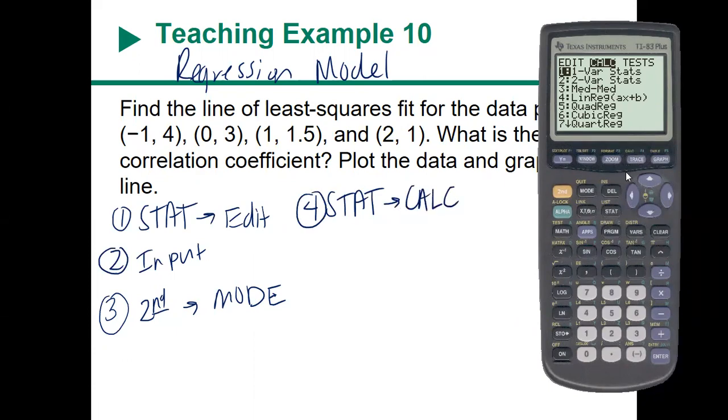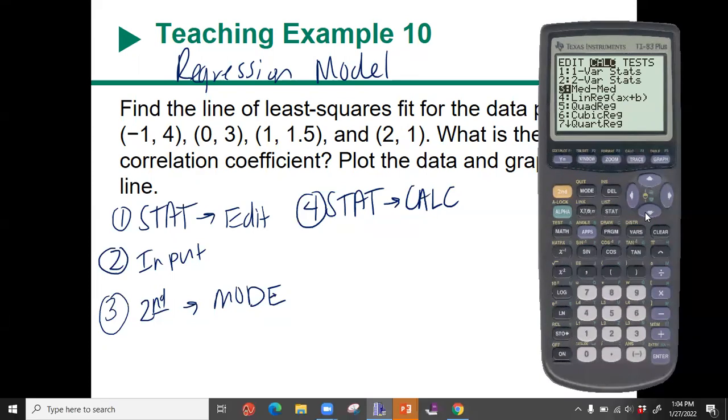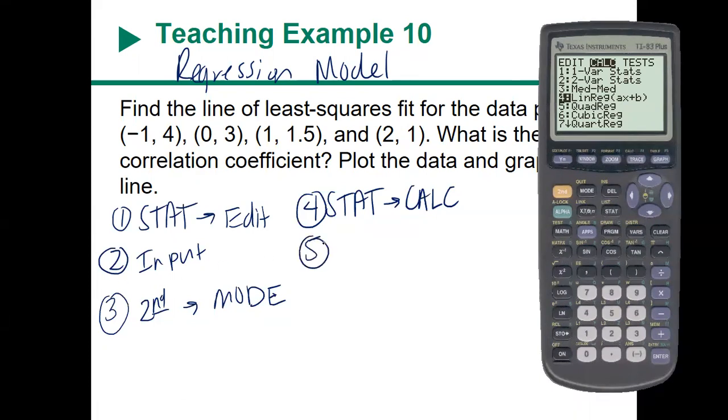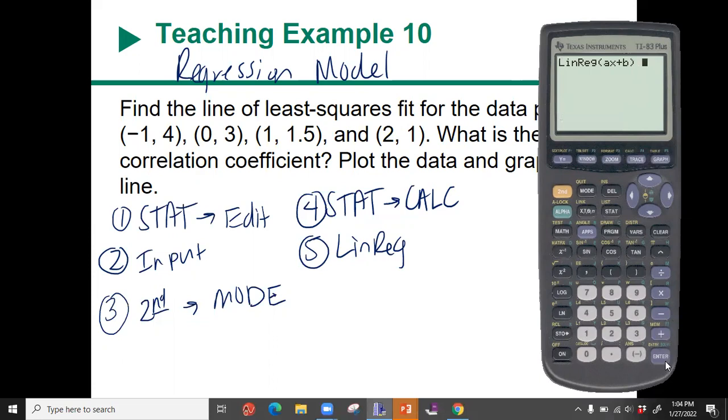And we want a linear regression. On this calculator, linear regression is 4. I'm going to hit enter, and enter again, and it's going to give me my information.